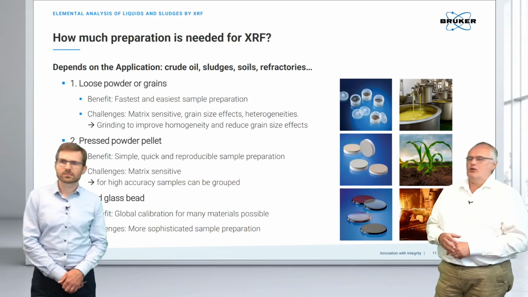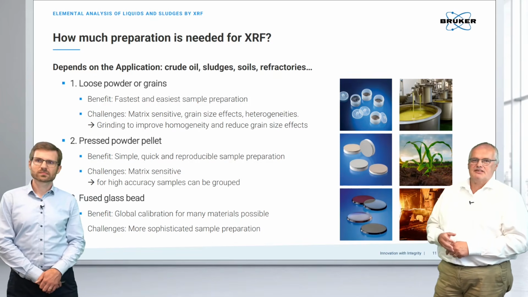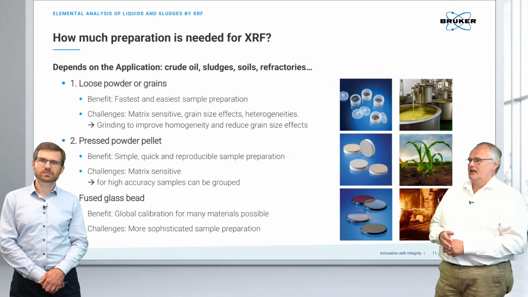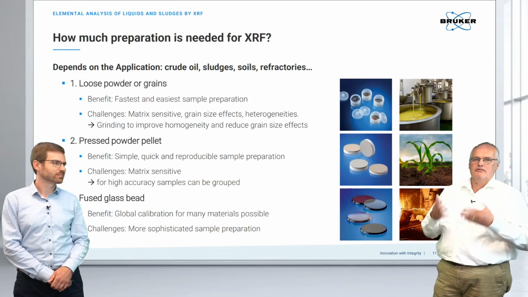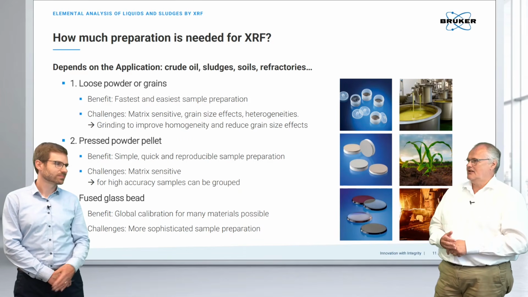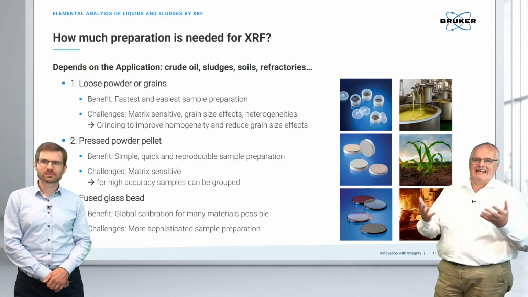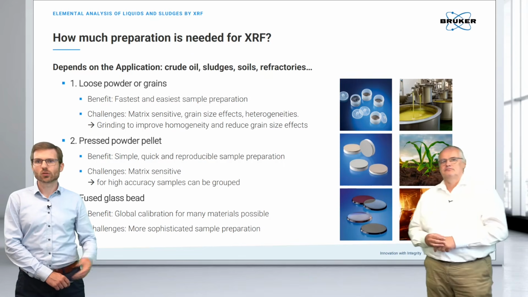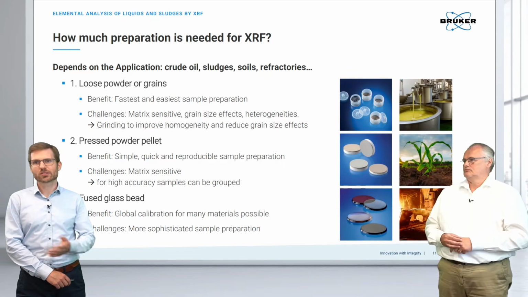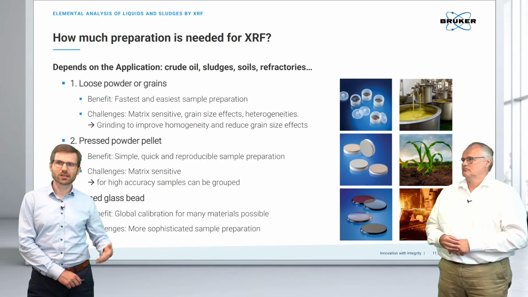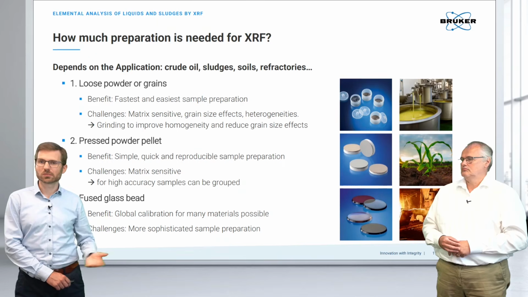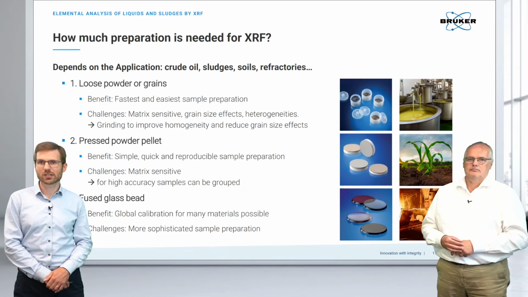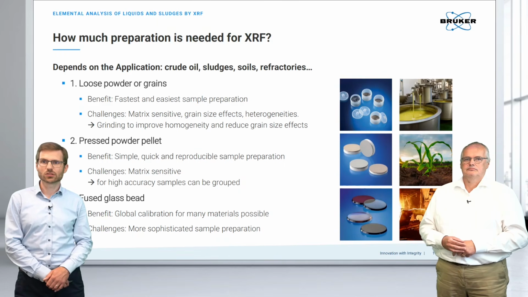Doing a pressed powder with a little bit of grinding and pressing is medium. And if you go a step further and do the fusion, you invest a little bit more time but you get better data quality. And at the end of the day, it always depends on your application requirements. What are the needs? What accuracy do you need? And this is where we can also provide guidance for your application. What is the best to choose?